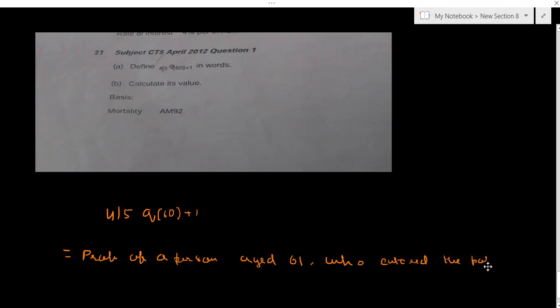So this is just the probability of a person. Let me write the definition for you. Probability of a person aged 61, the current age is 61, who entered the population at age 60.